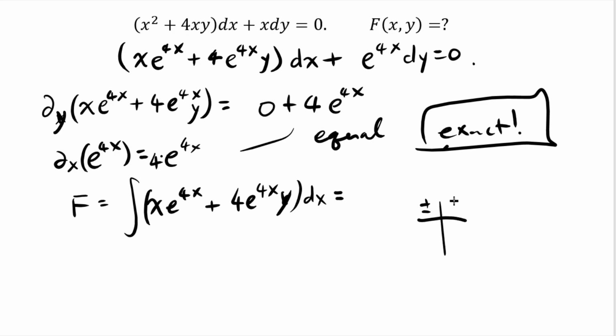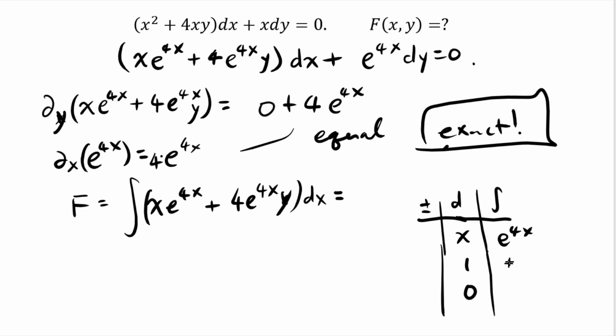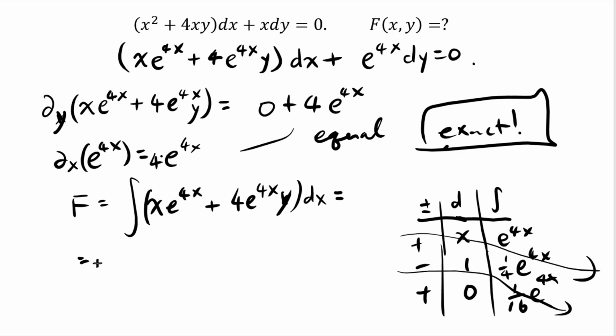So plus, minus, derivative, integral, and you're trying to differentiate x and integrate e to the 4x. x differentiates to 1, 1 differentiates to 0. 1/4 e to the 4x and 1/16 e to the 4x, plus and minus and plus, and that gives you the integral as 1/4 x e to the 4x minus 1/16 e to the 4x.